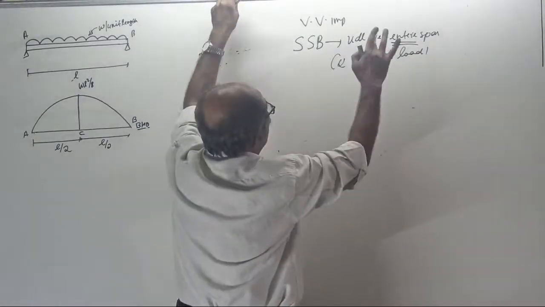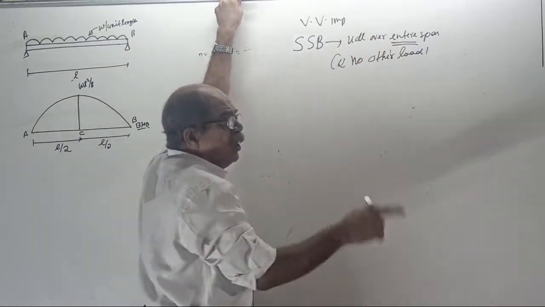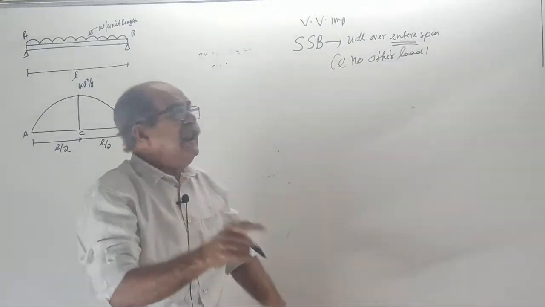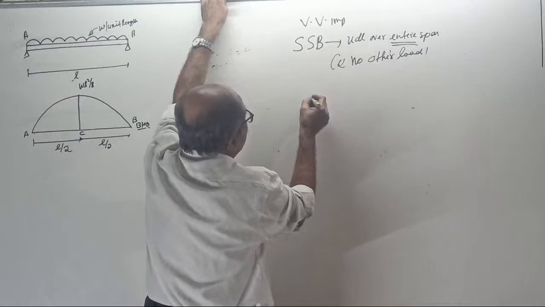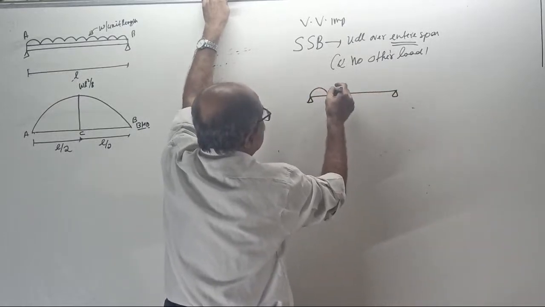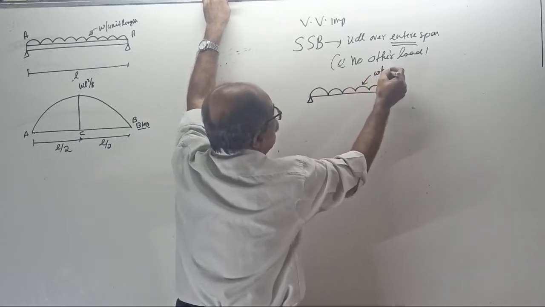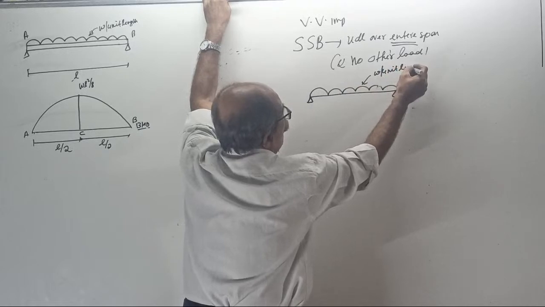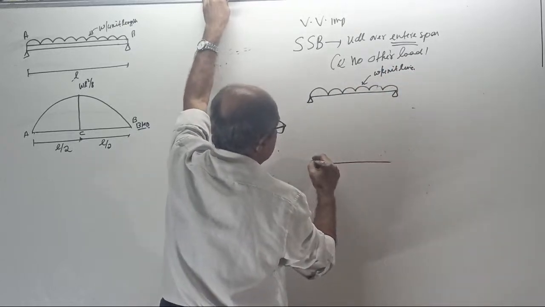Only and only UDL, that too for entire span, no other load. That is, rule is that it should be like this. Nothing else. W per unit length. No point load, nothing. BMD will be like this.